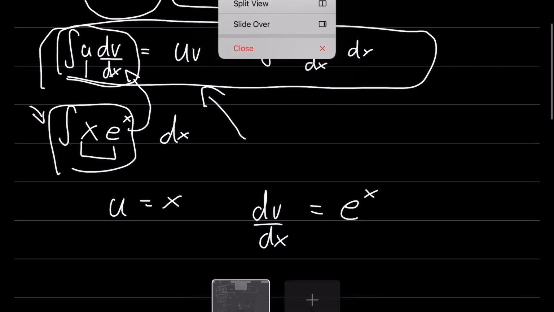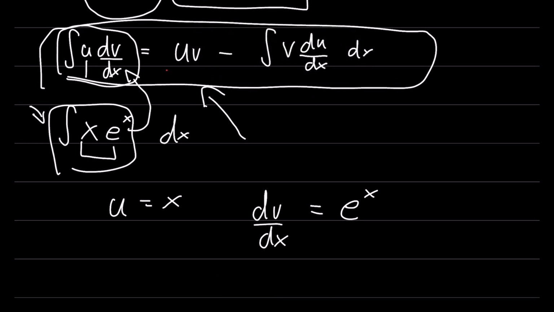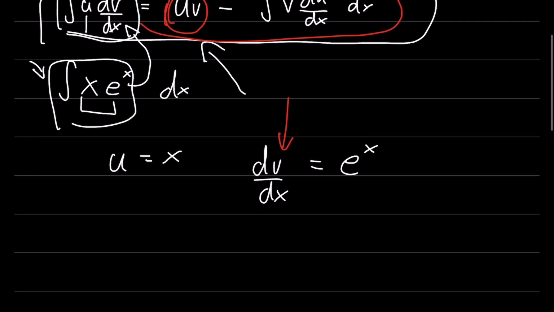Now, in the rest of the formula, what do you notice? We are going to have u times v, but what do we have here? We have dv by dx. So to get back to v, we have to take the integral of this. When we take the integral of dv by dx, we get the integral of e to the x, which is just e to the x.